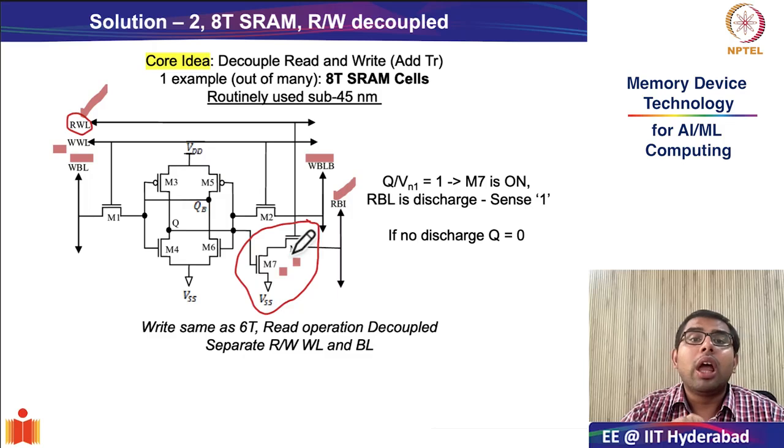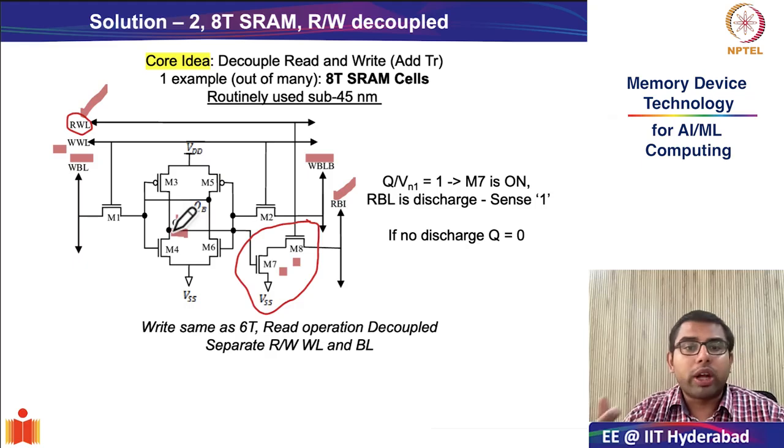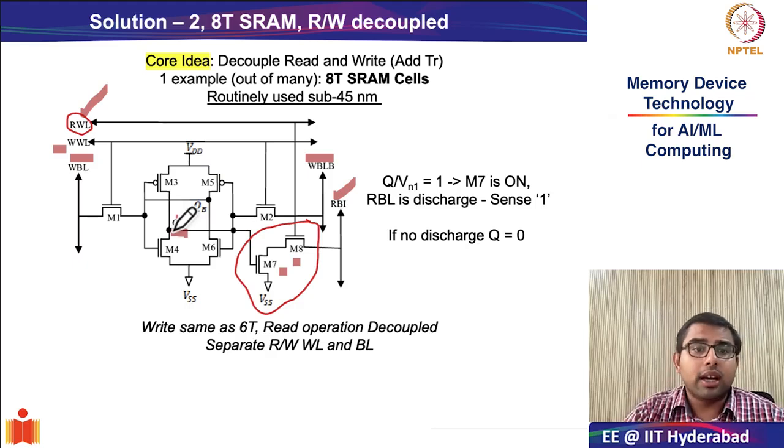And how do you decouple the read operation? You do it by connecting the internal voltage node, here indicated by Q. You can call it Q or you can call it VN1, to the gate of another transistor called M7.